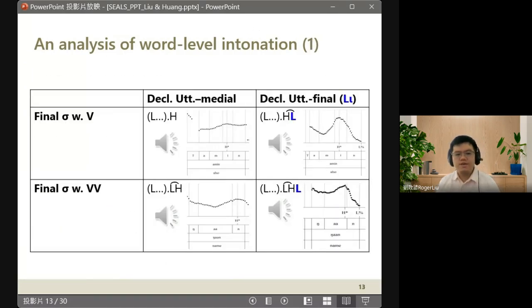However, utterance finally, we can find some other tonal elements. When the same word is placed sentence finally, it will be pronounced like amin, amin versus ngan, ngan. So we can find that utterance finally there is an additional low boundary tone here, which we will demonstrate later.